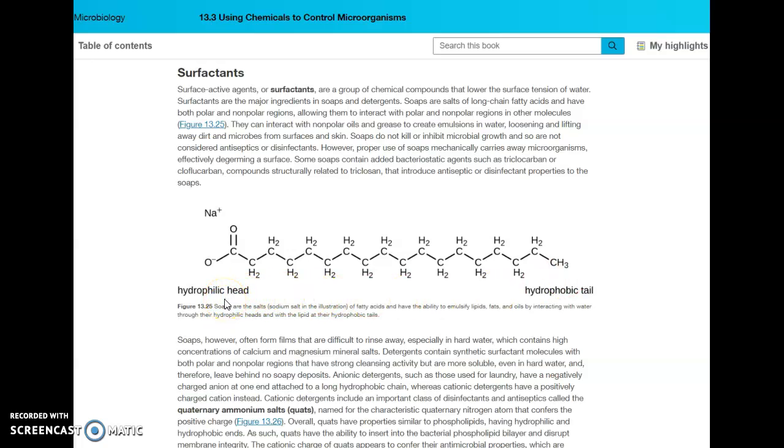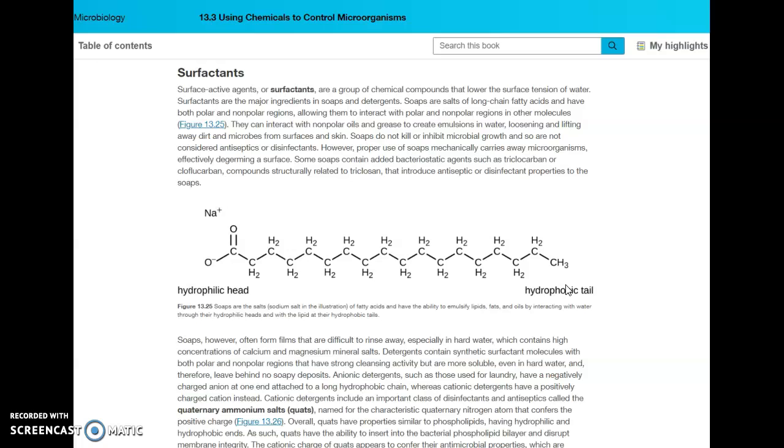Hydrophilic means water loving. So these hydrophilic areas here would be attracted to water soluble compounds like carbohydrates or proteins. And then the hydrophobic tail down here means water fearing. This is going to be attracted to your lipids and your fats, which we know don't dissolve in water.